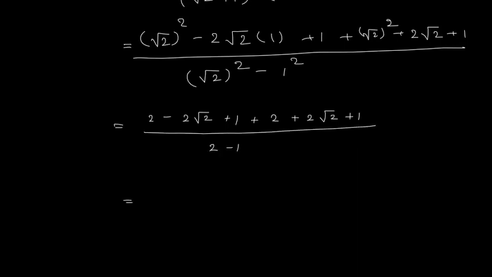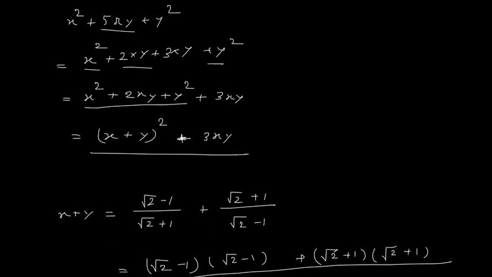So this becomes 2 plus 1 is 3, 3 plus 2 is 5, 5 plus 1 is 6. So I get 6, and minus 2 root 2 plus 2 root 2 will cancel, divided by 2 minus 1, which is 1. So the answer is 6. So x plus y is 6.